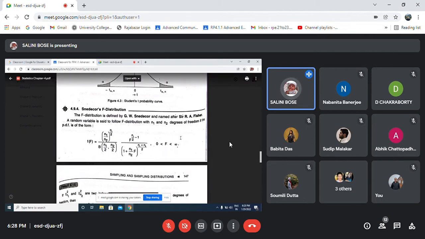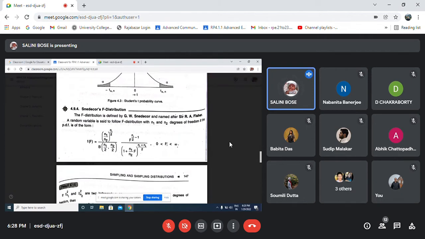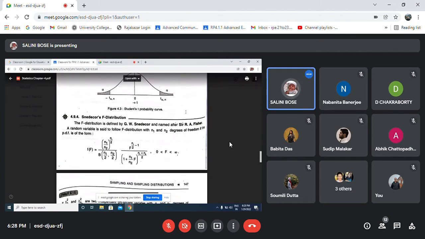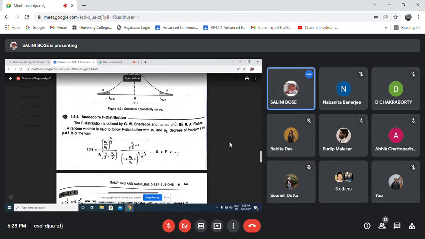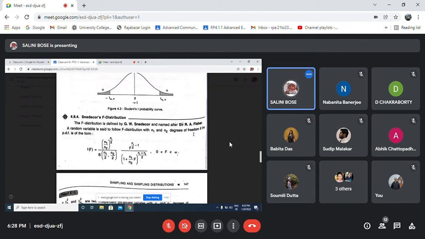Just see the range of the F distribution is from 0 to infinity. So the distribution will not look like the symmetric one. It will start from 0 and go to infinity, so the curve will lie in the first quadrant.